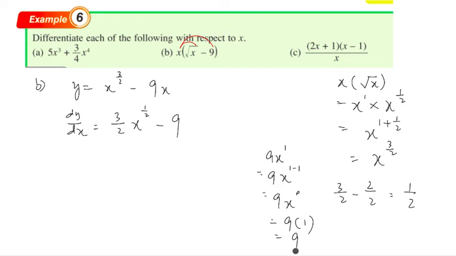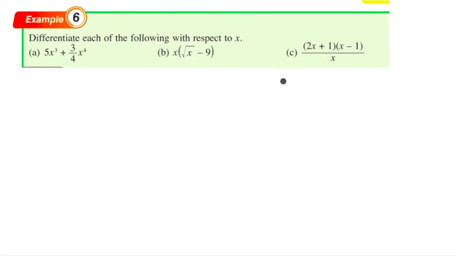Okay, so equals 9. So the final answer, because the power of x is a fraction, you may give your answer like this. Both are also acceptable. Done.